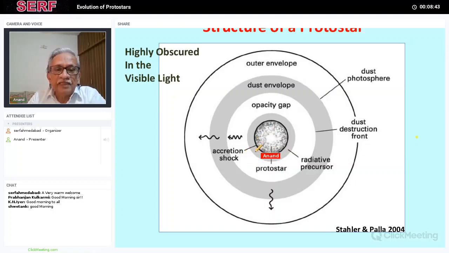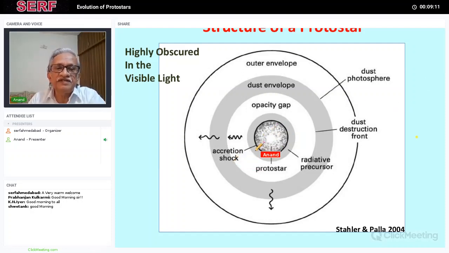Now this is generating a radiative precursor, because this is quite hot and therefore the radiation is emanating from this region, this surface, and matter is also accreting onto this, because the star has not finished the formation yet. It is still in formation. Accretion is still going on.